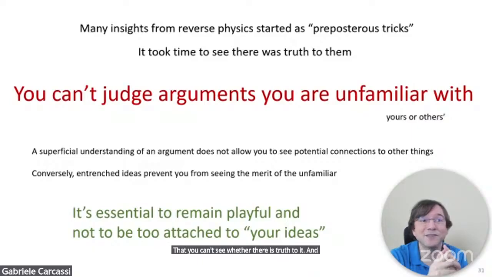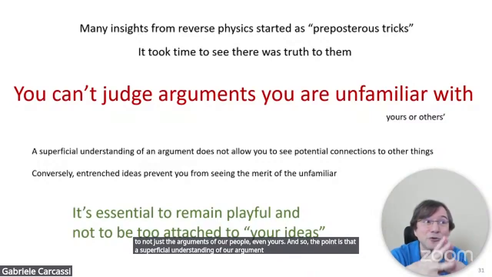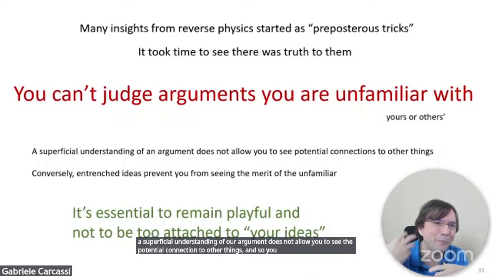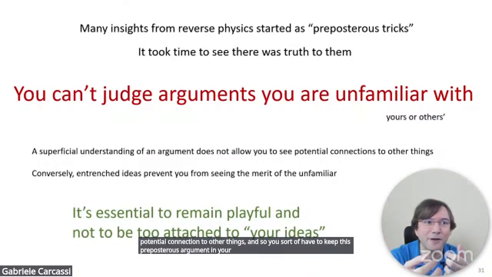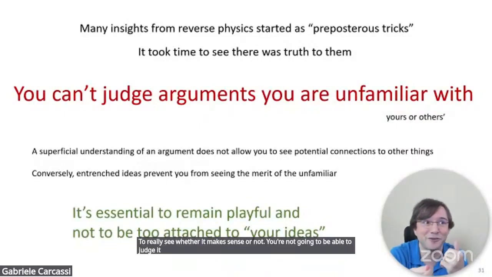That happens not just with the arguments of other people, but even yours. A superficial understanding of an argument does not allow you to see the potential connection to other things. So you have to keep this preposterous argument in your head long enough to really see whether it makes sense or not. You're not going to be able to judge it at first.